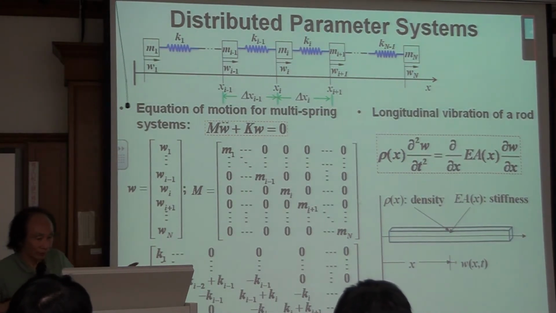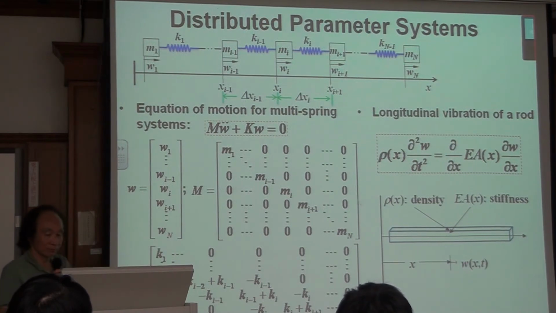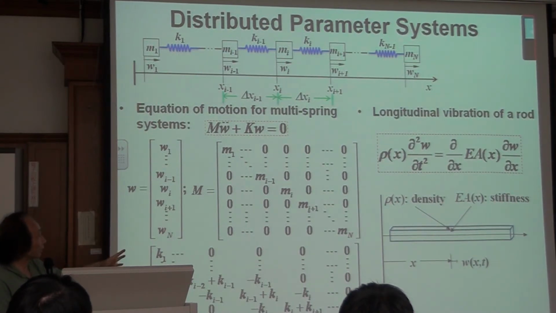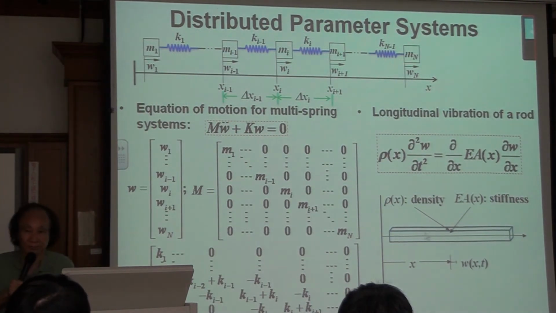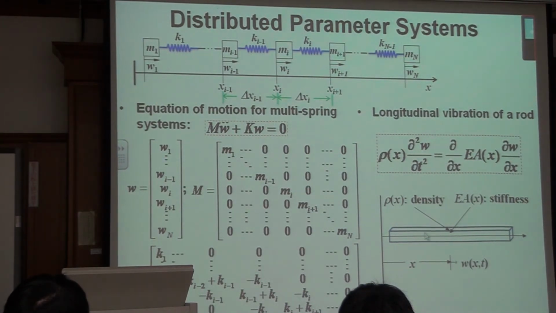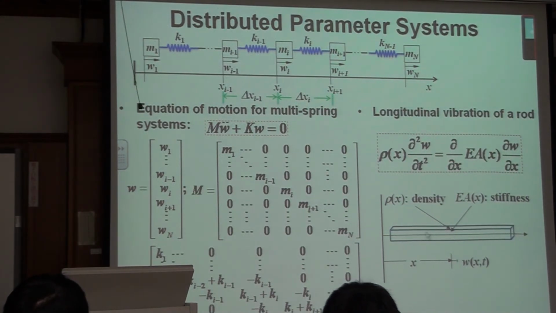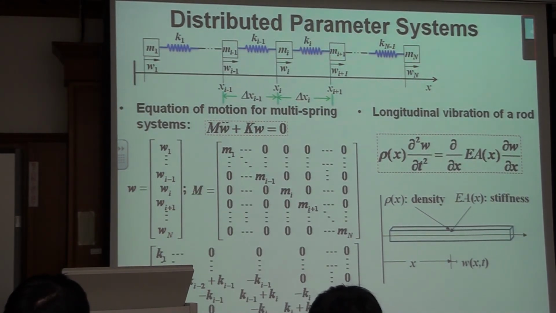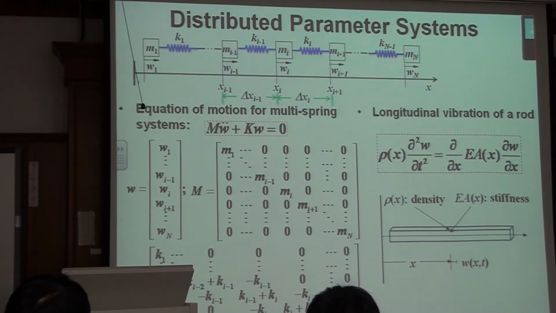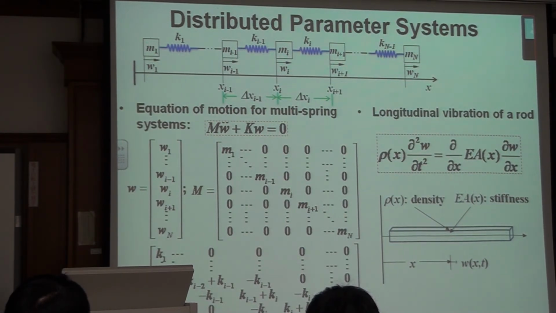In other words, any system like this, or like 101, you can represent in terms of springs and masses. That's the message I try to give to you. Like this building, there is some program you can use to give you the mass matrix and stiffness matrix.